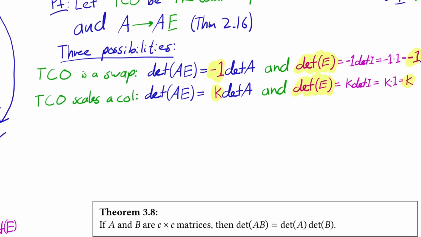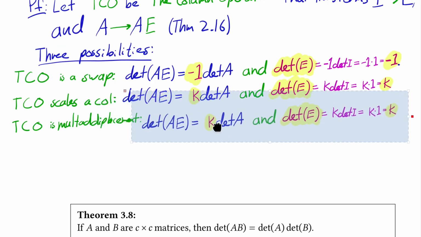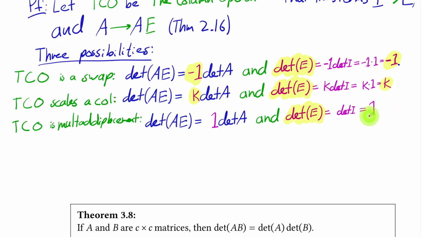Same thing if it's multiplicity. It's even easier. Multiplicity doesn't change the determinant at all, either of A, or of E itself.